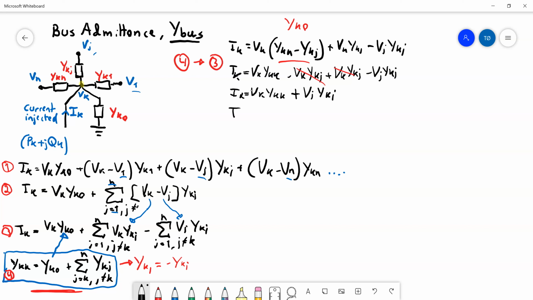Or in general form, IK equals VK YKK plus the summation, same as before, J equal 1, J cannot be K, to N, of VJ YKJ.